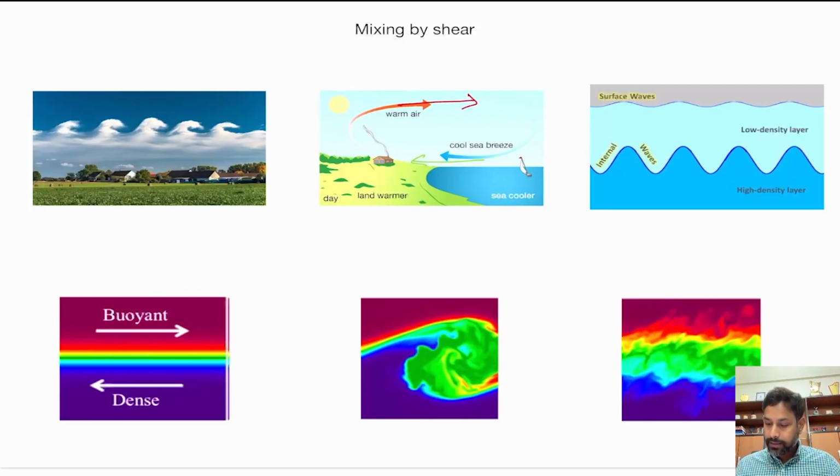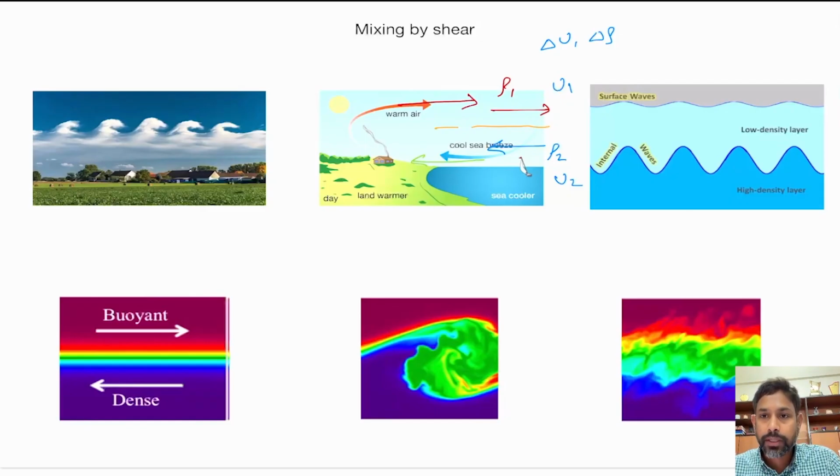So basically there is now a shear flow where the upper layer is moving to the right, which has a different density, let's say that is rho 1, and the lower layer is moving to the left, right, which has density rho 2. And there is, let's say, u1, and here it is u2, so there is delta u and also delta rho, right? So there is a shear flow, and there will be a mixing of this warm air and cold air, right?